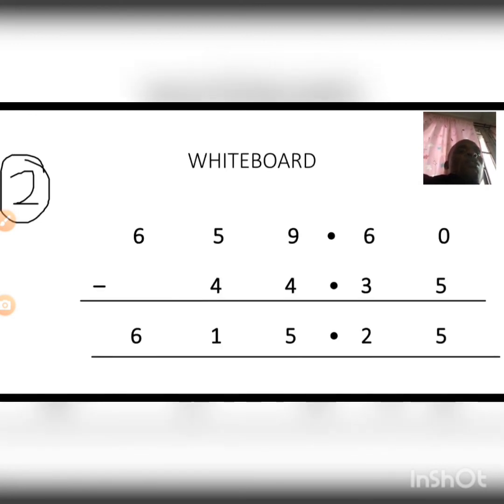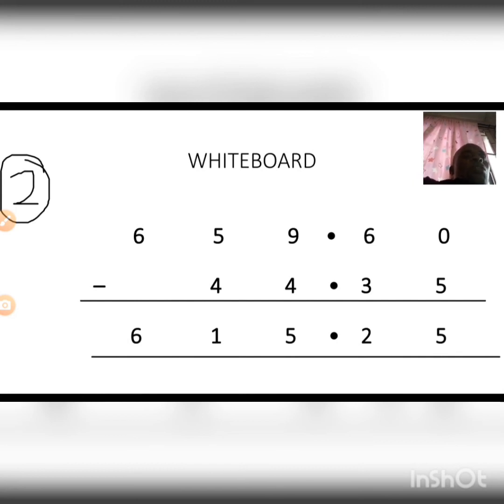Subtraction. Now this time we are looking at the same arrangement, decimal under decimal, and so we have 659.60 because we need to fill up that space. And so the 44.35 will now come under 6 and 0.